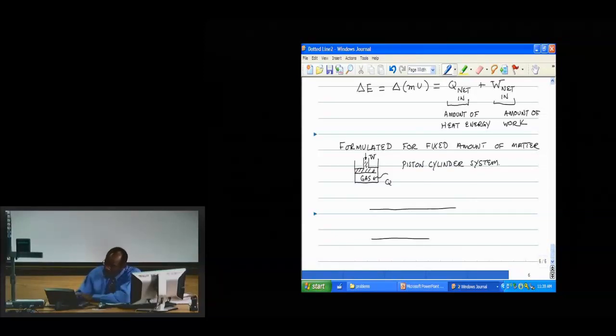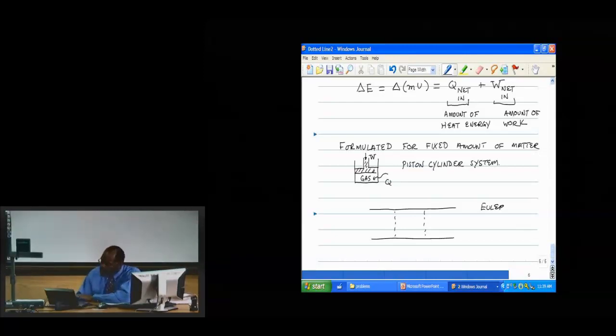So we look at the Eulerian representation, again with some sort of flow in and out.